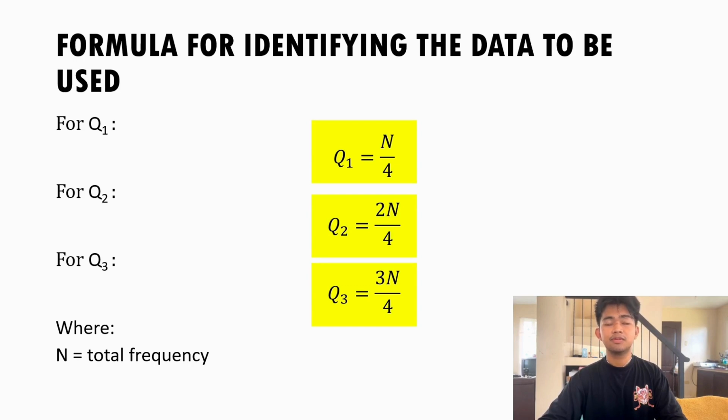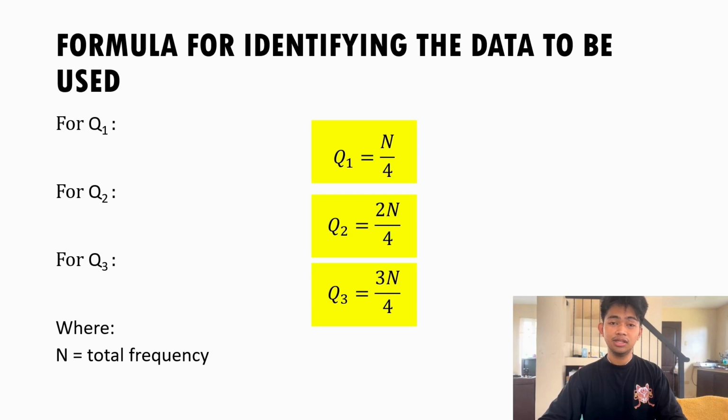Now, before inputting the data acquired into the formulas, we first need to identify which part of the data is the Q1, the Q2, and the Q3. To get this, we just need to use these formulas on the given data. To identify Q1, the formula that will be used is n over 4. For Q2, 2n over 4.